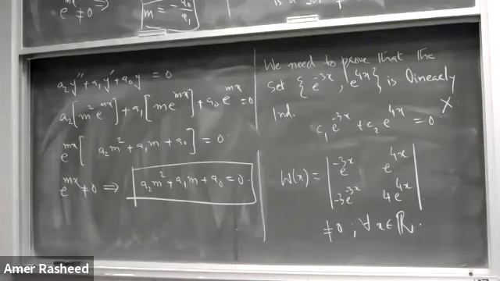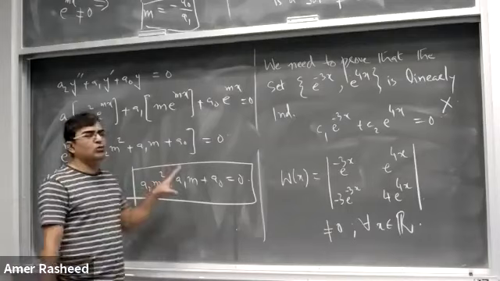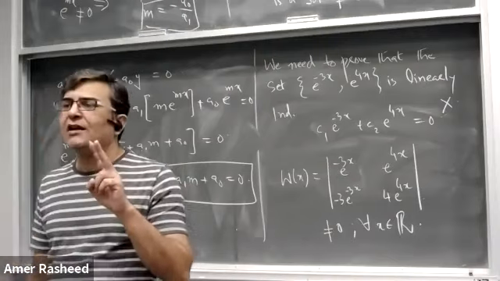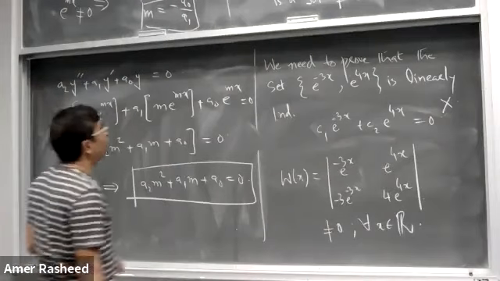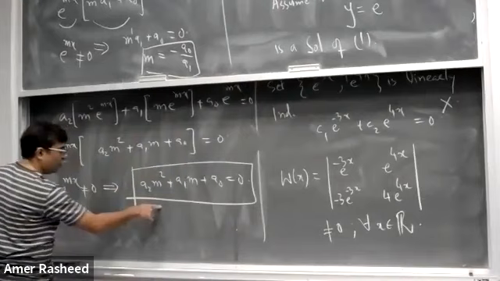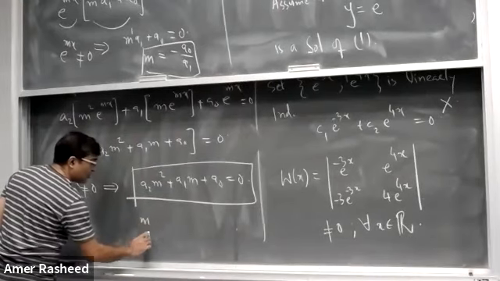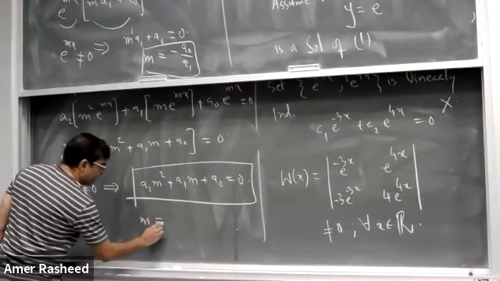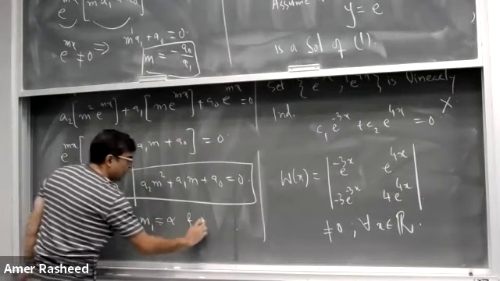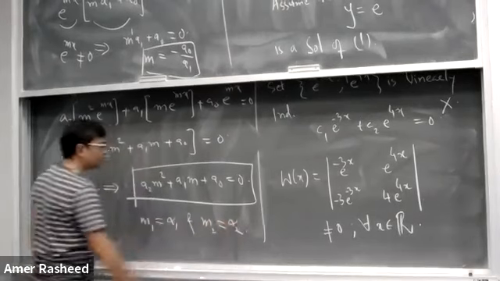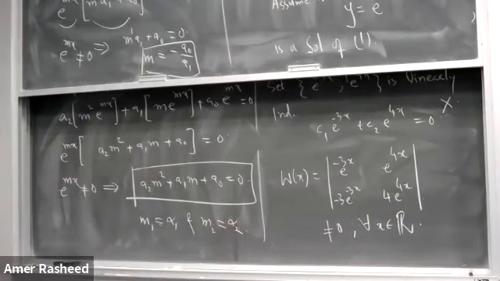Now, this polynomial can have at most 2 roots. If it has 2 roots, then we can have 2 solutions. For example, this polynomial of degree 2 has 2 roots, m1 and m2, which may be alpha 1 and alpha 2.